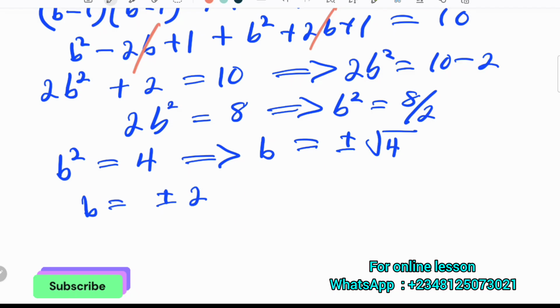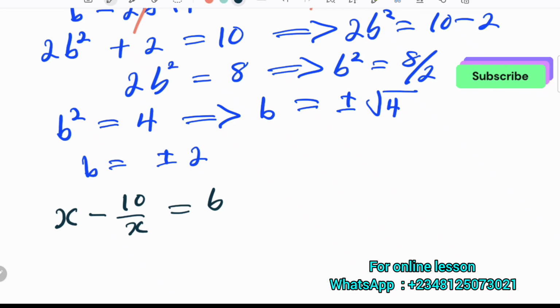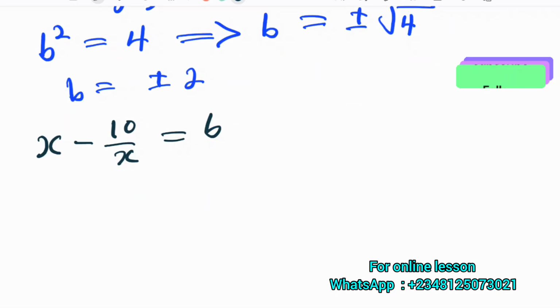But remember that it is not b that we are asked to find in this equation. We are looking for x. So recall that we said that x minus 10 over x equal to b. So we are going to substitute this for b. Now, let us multiply through by x because we need to get rid of this x as the denominator so that we can have a quadratic equation.